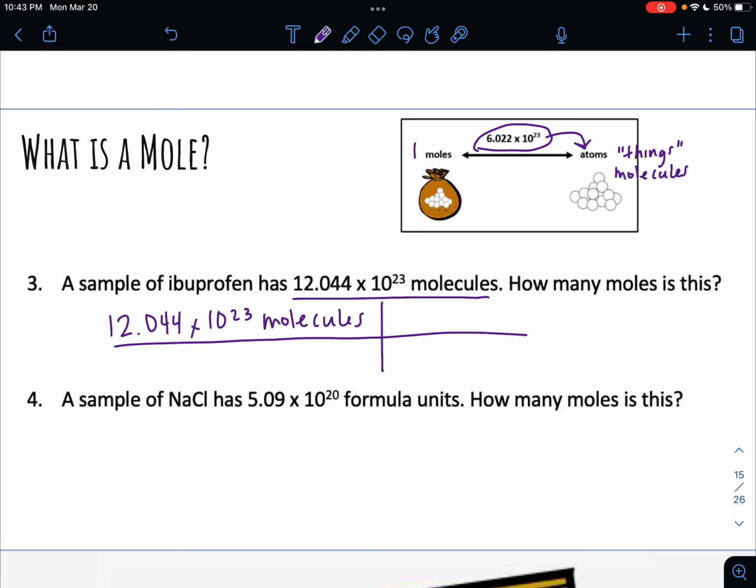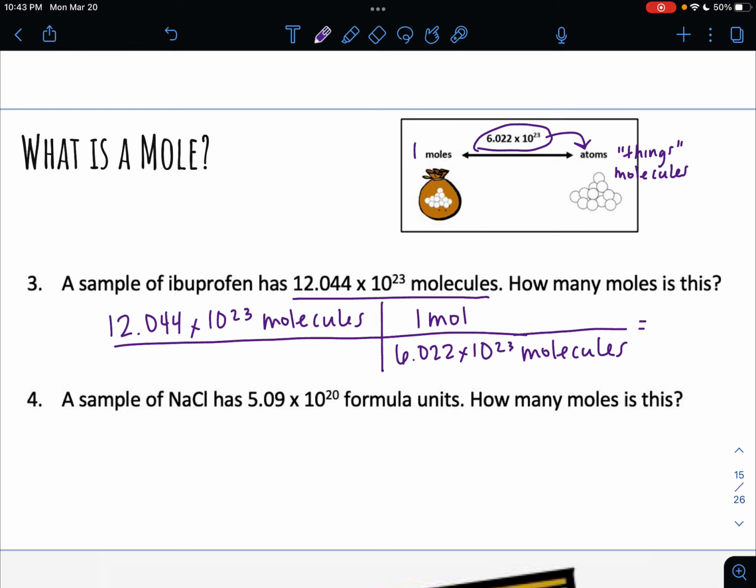And if I have molecules on the top, what do we want to put on the bottom? Molecules. And remember, this is always the number that goes in front of molecules, right? It's how many things we have. And then it's always going to be equal to 1 mole.